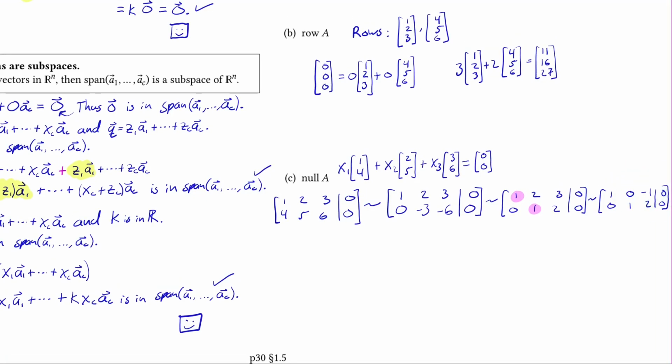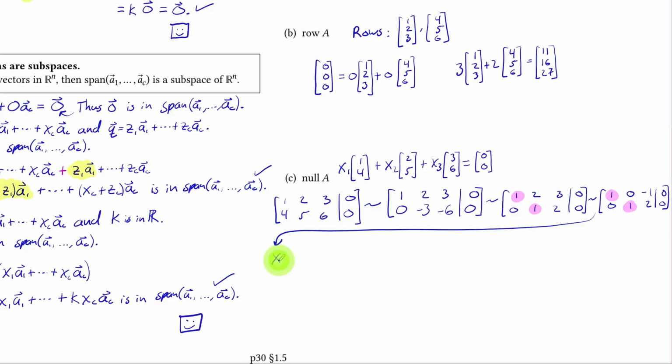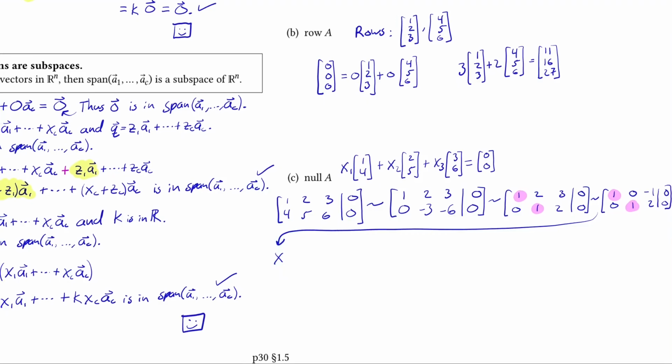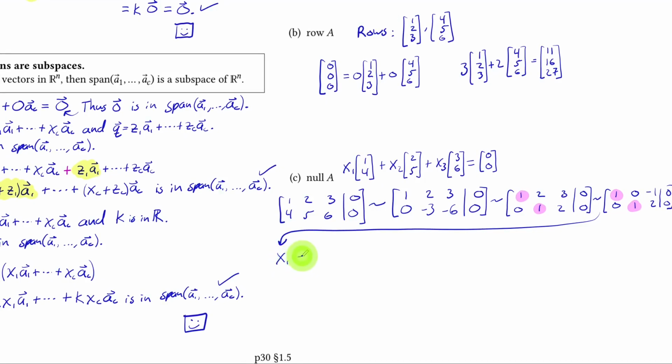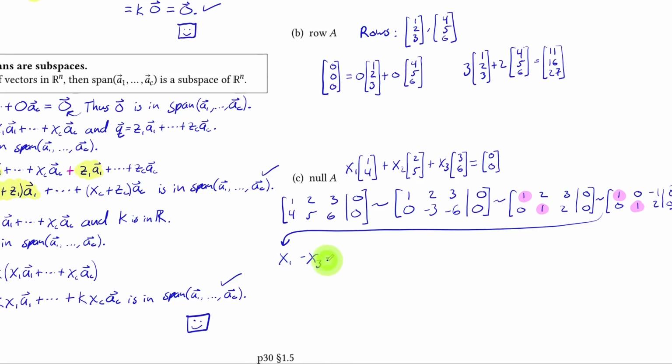All right, so this is now in reduced echelon form, and we can write out this equation and, following the method we've been using, solve for the basic variables in terms of the free variable, which is the one that doesn't have a pivot position, which is x3.